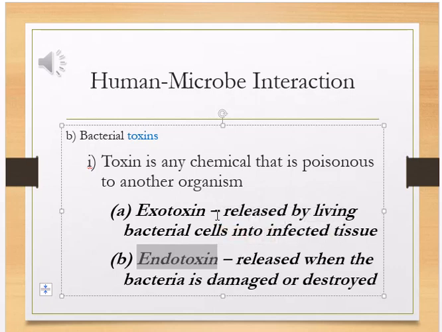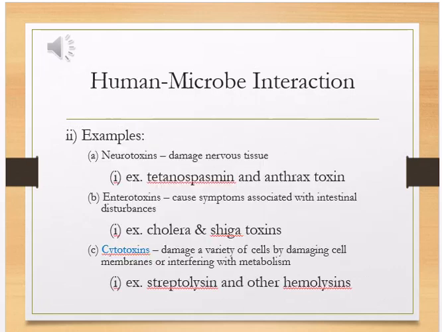An exotoxin is a substance that is released by the bacteria. And an endotoxin is any body part of the bacteria that is released into the host and causes damage. So please understand the difference between exotoxin and endotoxin.